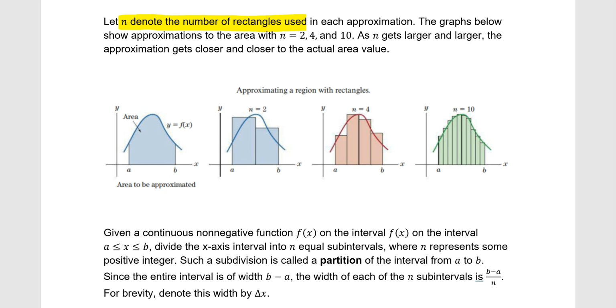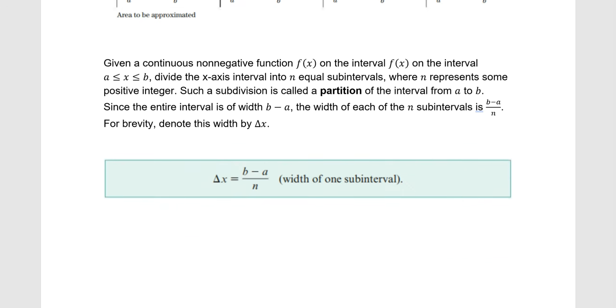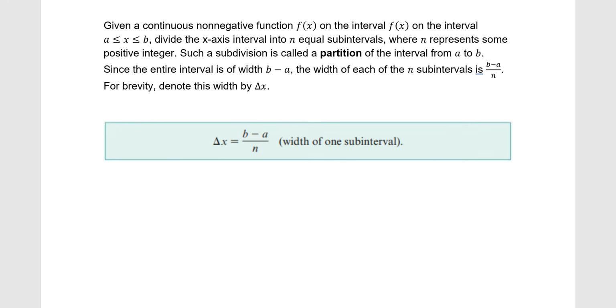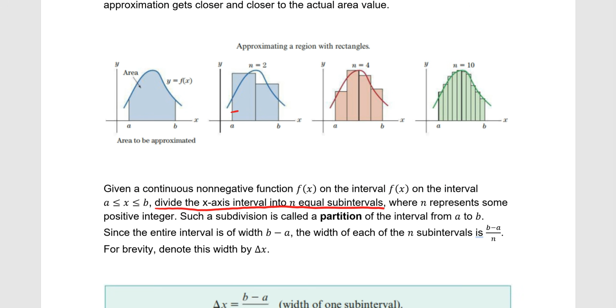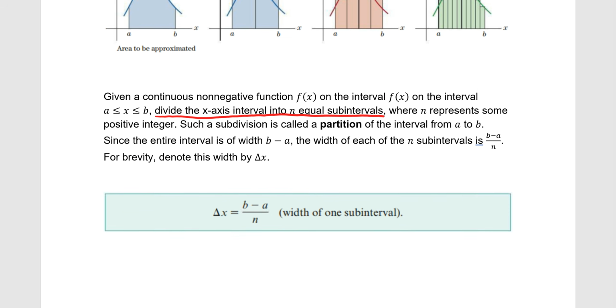Okay, so let's get into what we'll actually be doing here. Given a continuous non-negative function f of x on the interval a to b, we're going to divide the x-axis into n equal subintervals, because n is the number of rectangles that we want. These rectangle widths need to be the same within the same question, or else we can't do this very accurately.